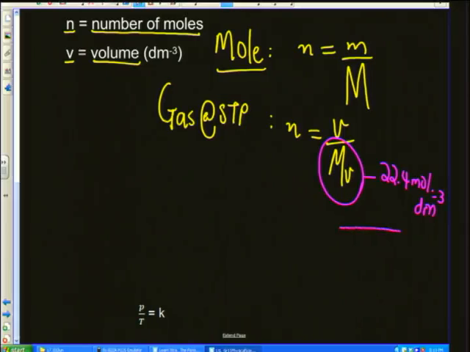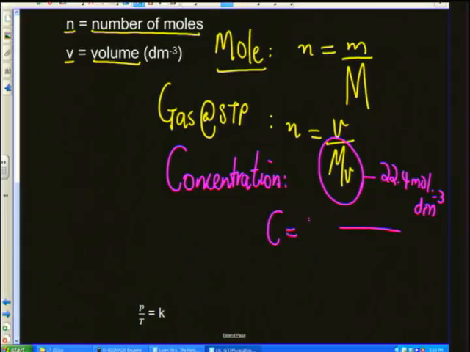But then the same mole, when we're talking about concentrations, what happens? We see that concentration is number of moles over volume. Very important.